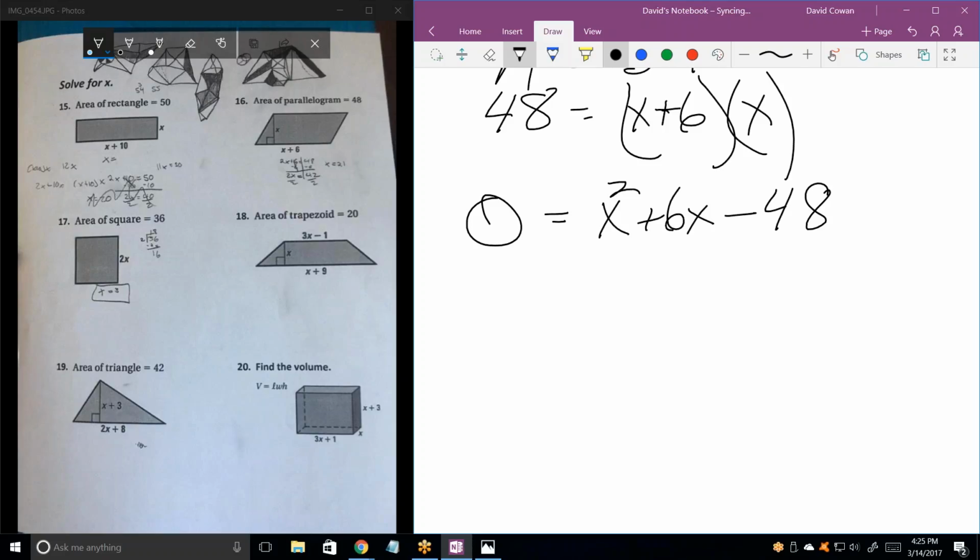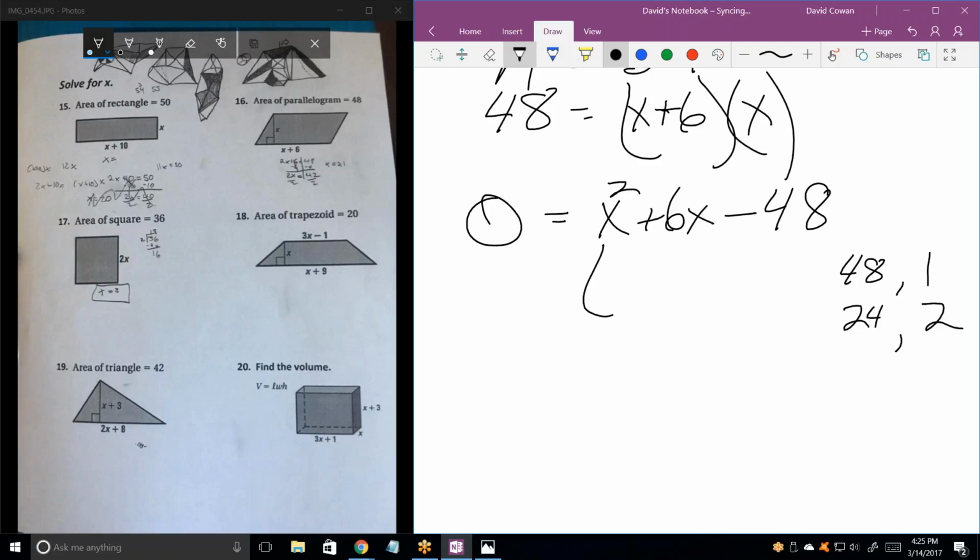So now if I try to factor this the easy way, I need factors of 48 that subtract to 6. I don't think those exist either. Let's see. Notice how I factor. I start with 48 and 1.